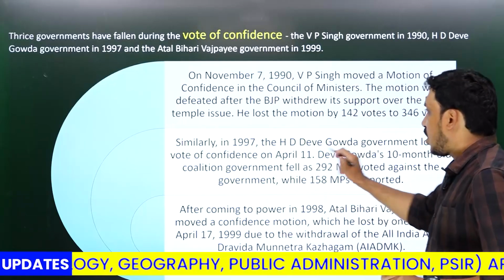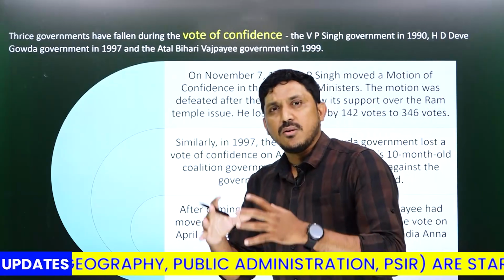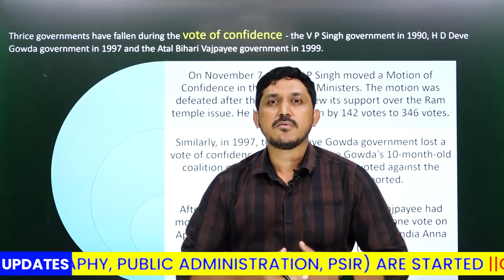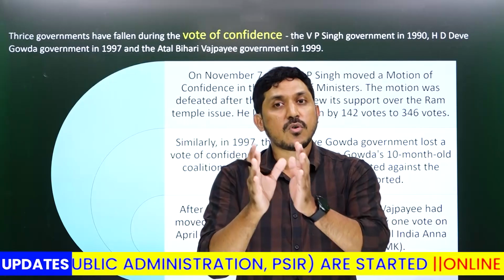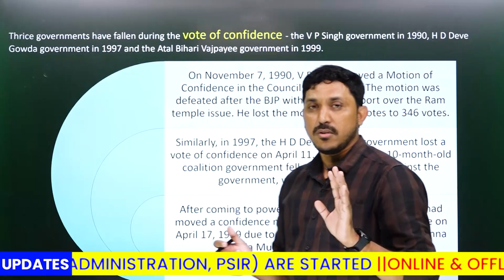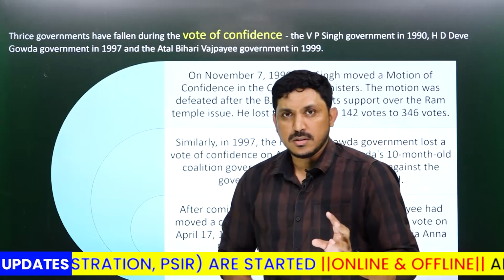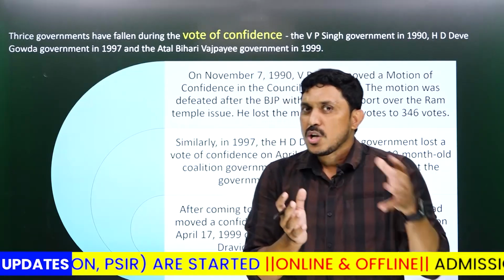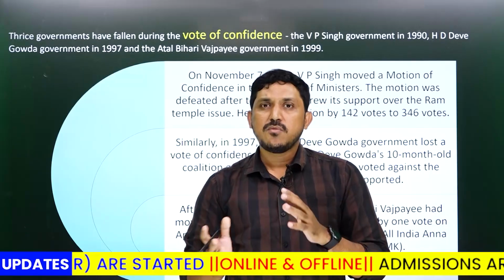Next one, Deve Gowda in 1997. The Congress party and others, Kesari, all withdrew support. Once support is withdrawn, you have to prove that you have the majority. So as Prime Minister, you propose a vote of confidence here. He proposed the confidence motion and he lost. Atal Bihari Vajpayee also ran a coalition government, and Jayalalitha's AIADMK withdrew support from the Vajpayee government, so it fell into minority.